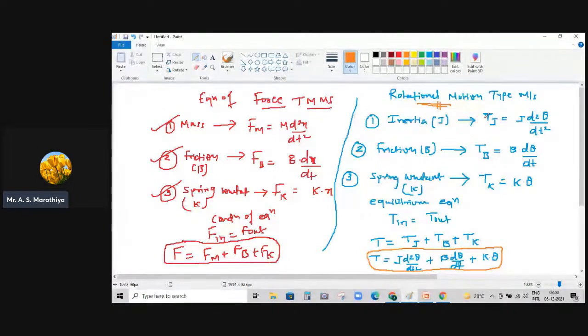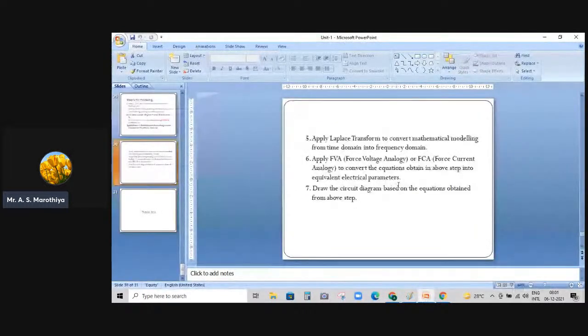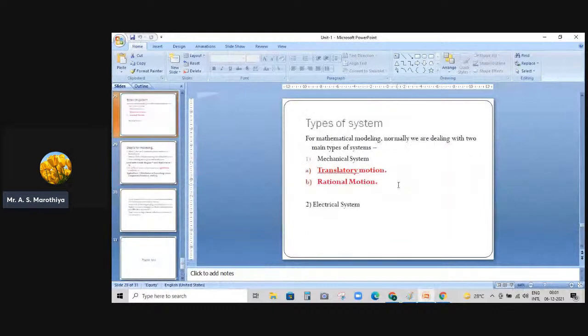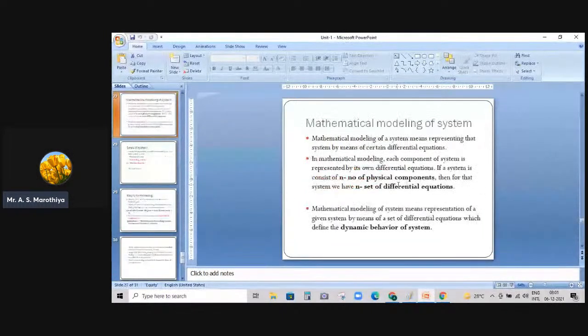In case of rotational motion, we have inertia, then friction coefficient B, and then spring constant K. So this is the basic philosophy behind the mathematical modeling of a system. It may be electrical or it may be mechanical. I hope this point is clear to everyone.